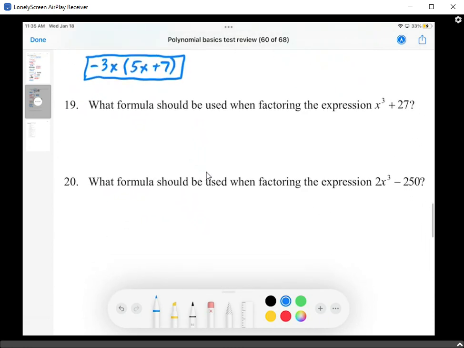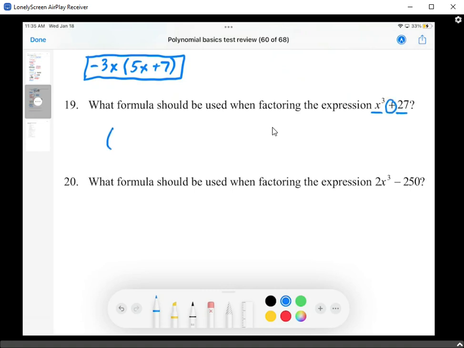All right, number 19 and 20 are a little bit different because they're asking what formula should be used. The formula that should be used is the specific formula that is in your notes. You notice that both of these are perfect cubes and they're being added together.